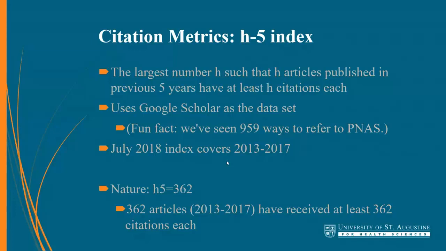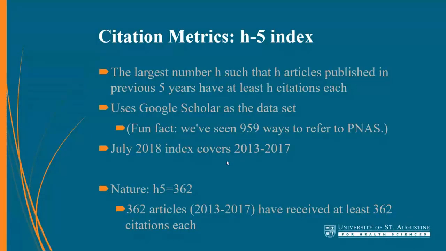Fun fact. Again, we talked about the data set that's being used. In Google Scholar, because they're scraping the web for their data and assembling these data sets from that, it affects the way that those citation factors are calculated.